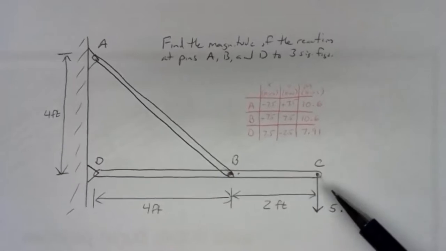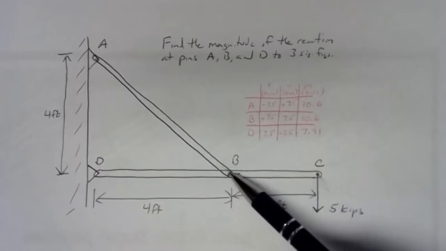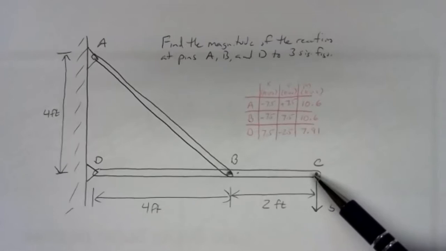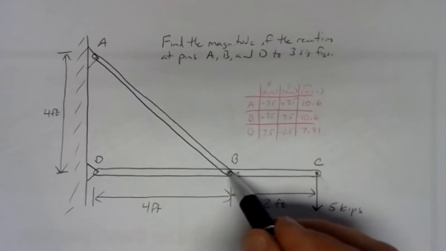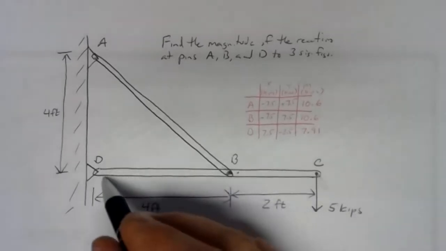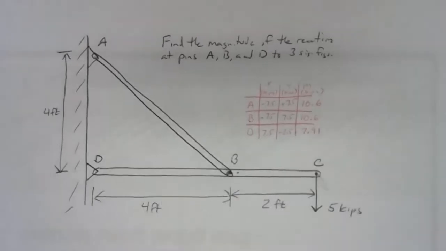And that wouldn't work in this structure because these are all pins. If we applied a load here, that would just swing down. These are only two pieces of material, and now there's a force at that joint B between members CD and member AB that wouldn't be allowed in a truss.